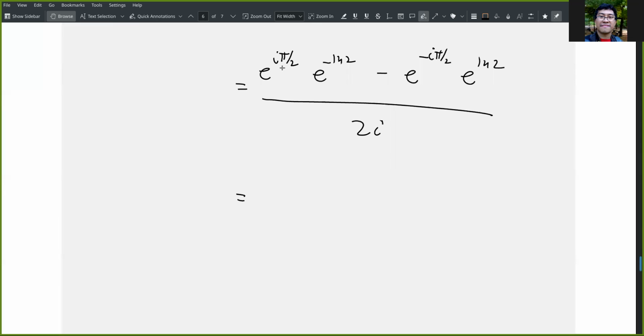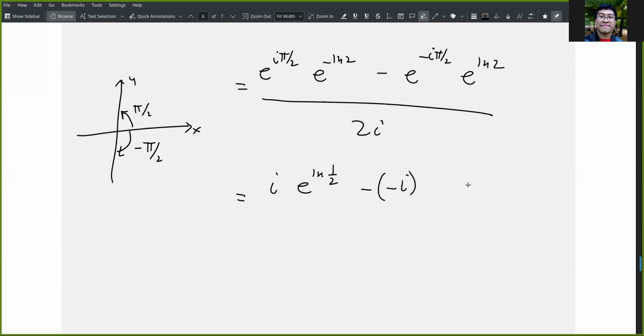Simplifying e^(iπ/2) in the complex plane, that is simply i. So you have e^(-ln 2). And by the way, negative ln 2 is just ln of 1 half, minus this one. In the complex plane, x, y, this one is π over 2. Here, that is our minus π over 2. So this one is minus i. It's e to the power of ln 2.